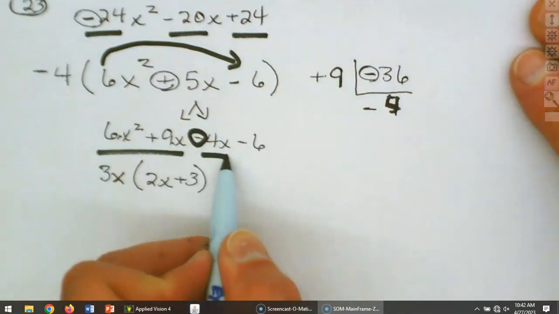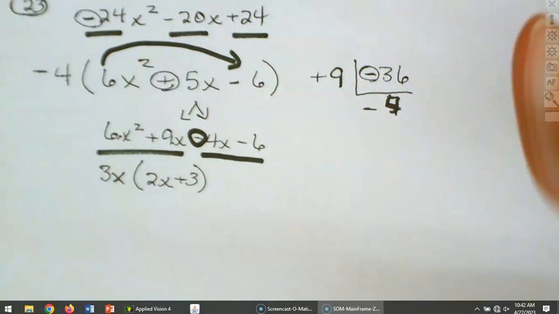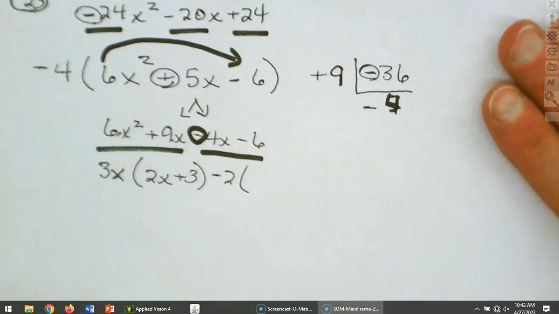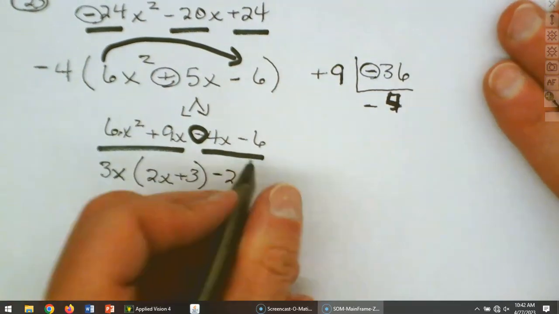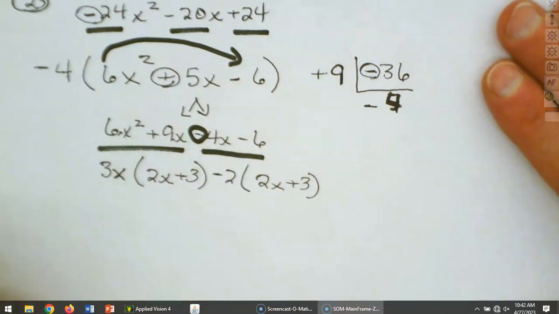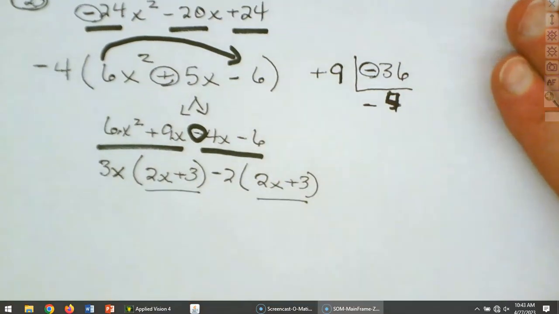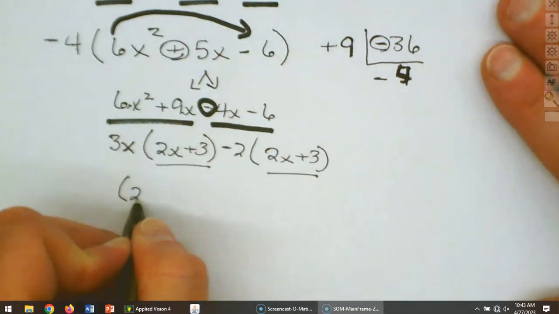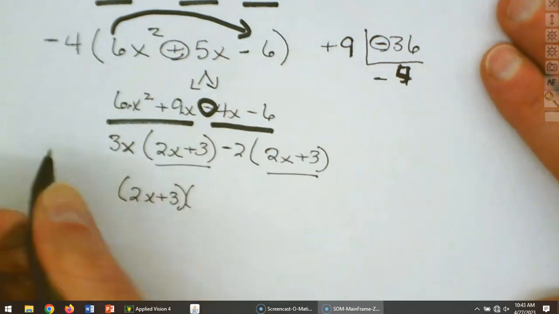The negative here. Both of them are negative. 6 and 4 have a 2 in common. So we're going to factor in a negative 2. And that leaves you then with a 2x plus 3. Those are the same. So that comes out as a 2x plus 3.